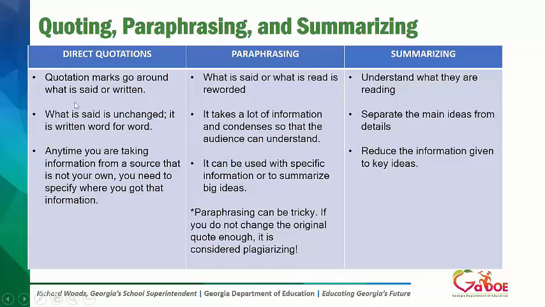So one of the things that I tell the kids is that when you're quoting, you're doing direct quotations. So the quotation marks go around what is said or written. They do not change it. It is word for word. And anytime they're taking information from the source, they need to put where they got it. In this example I just gave you, I did give them the specific text information, but they had to give me the page number.